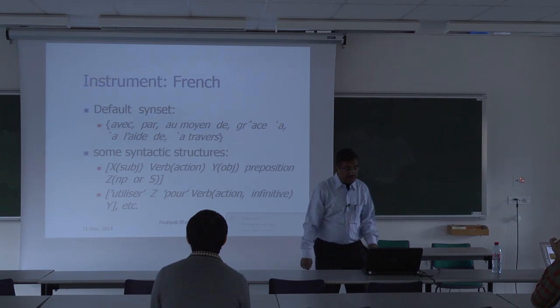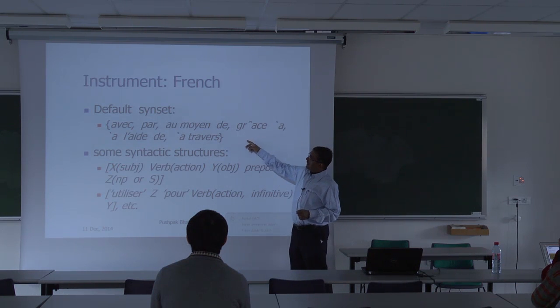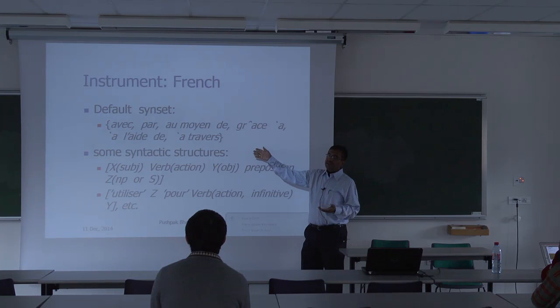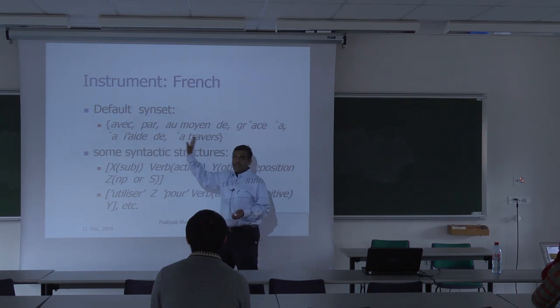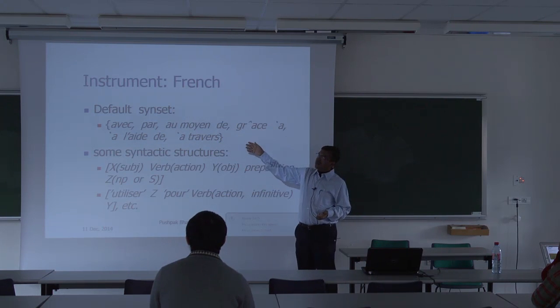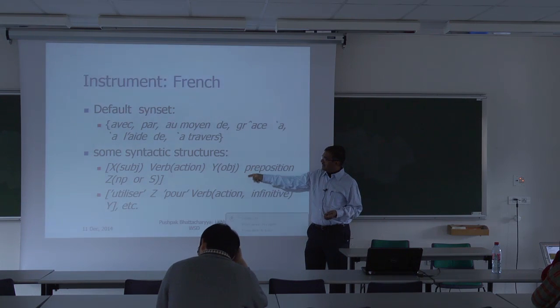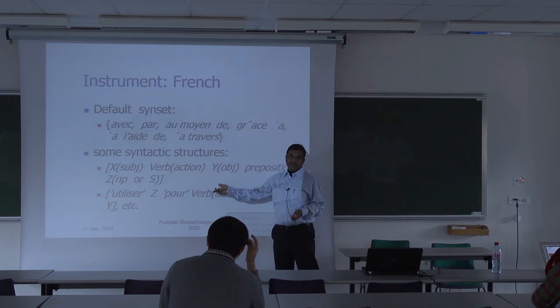In French, we find that the instrument is captured by these words. Okay. So, we can put them together in a set. Of course, there are fine shades, and not everything is replaceable with each other, and the syntactic structure is given by means of these kinds of frames.